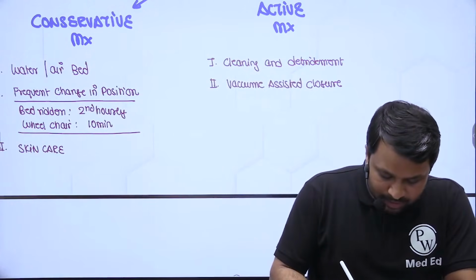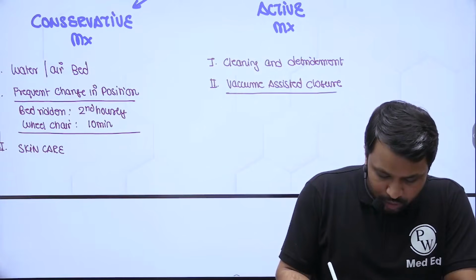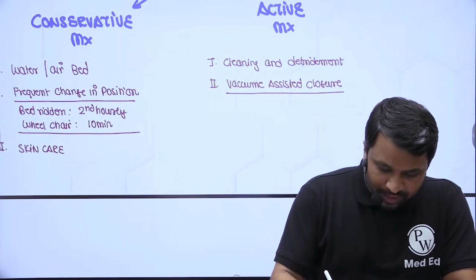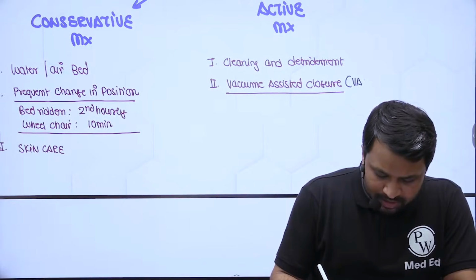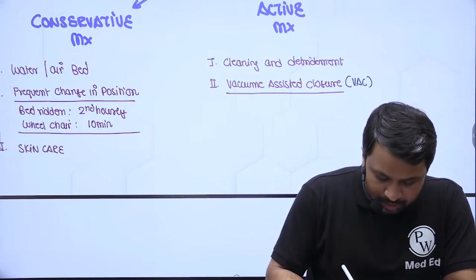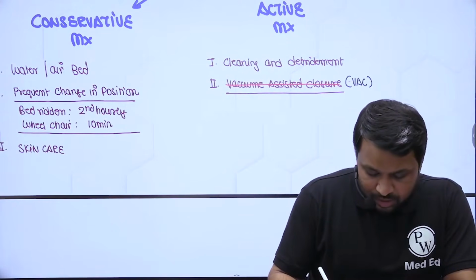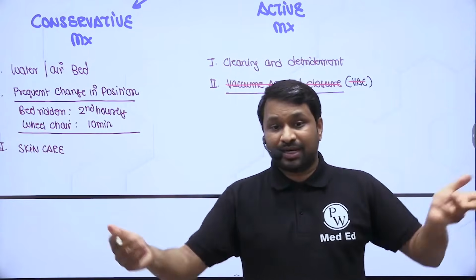Currently vacuum assisted closure is a wrong word. We do not use it. So vacuum assisted closure is commonly called as VAC. It is an obsolete term now. We don't use the word vac because you cannot achieve vacuum. You can only create a negative pressure.